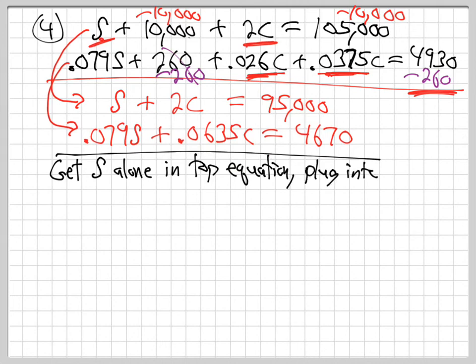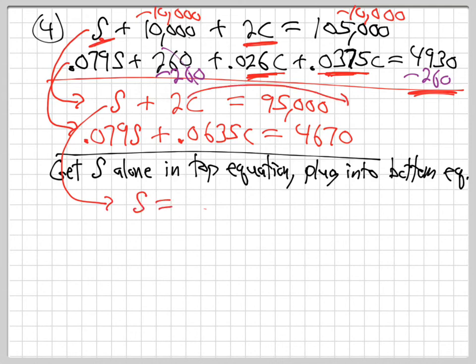Plug into the bottom equation. So I'm going to take that top equation and get S alone. I'm going to jump this 2C to the other side. Remember, when things jump to the other side, I'm just subtracting 2C from both sides. So it'll be 95,000 minus 2C.